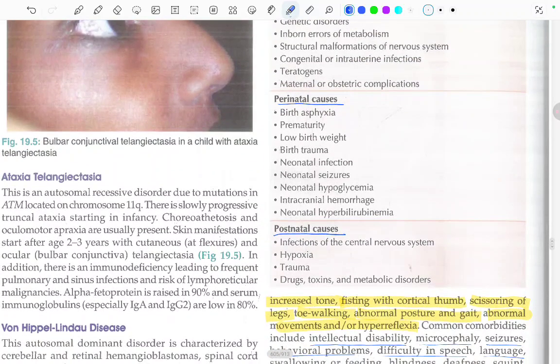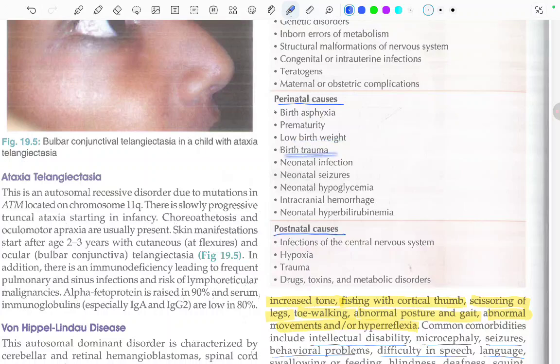Okay, now in the perinatal causes, there can be birth asphyxia, prematurity, low birth weight, birth trauma, neonatal infection, neonatal seizures, neonatal hypoglycemia, intracranial hemorrhage, and neonatal hyperbilirubinemia. These are the perinatal causes that can cause CP. Birth asphyxia is asphyxia during birth, prematurity is if born before the proper nine months, and low birth weight is also a cause of CP.